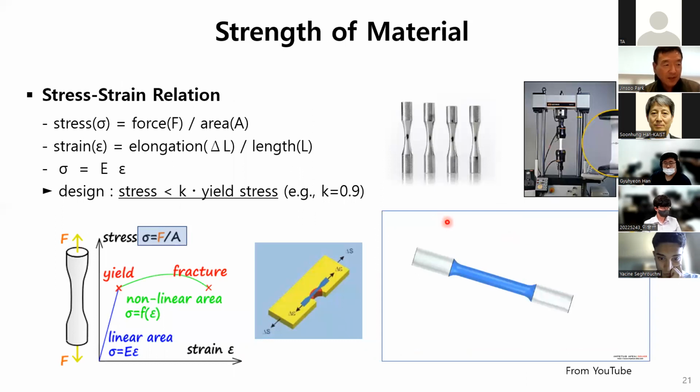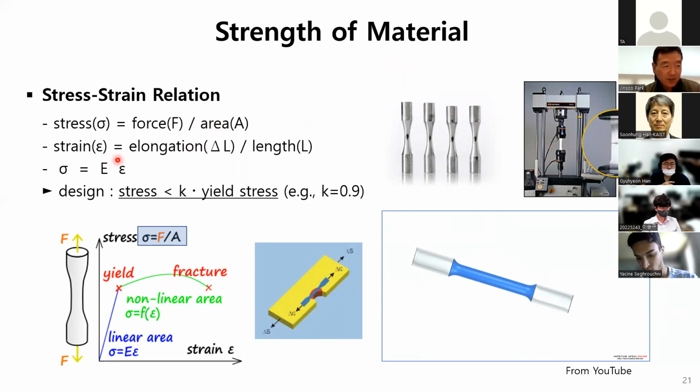In this slide, I'm going to talk about basic knowledge of strength of materials. Some of you may be familiar, maybe not familiar with this. In general, we use the concept of stress and strain. Stress, sigma, is defined as force divided by area.